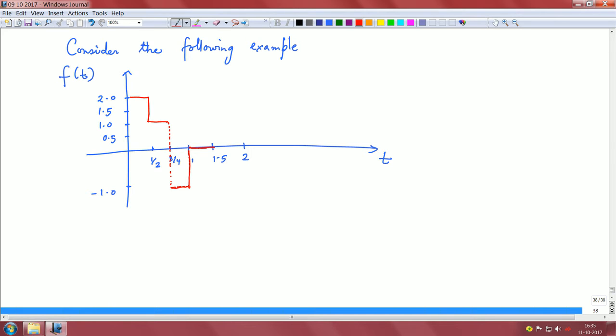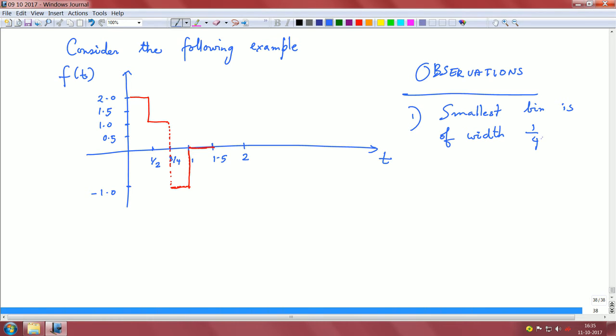Now, if you look at what the smallest bin is, the first step I would call observations. The smallest bin is of width 1/4 time units, and we see this between 1/2 and 3/4 and between 3/4 and 1.